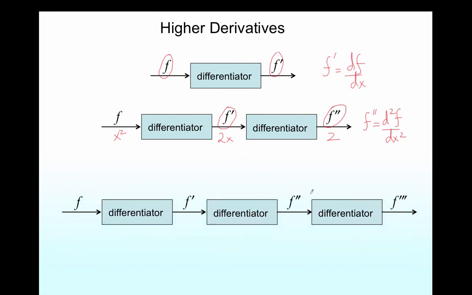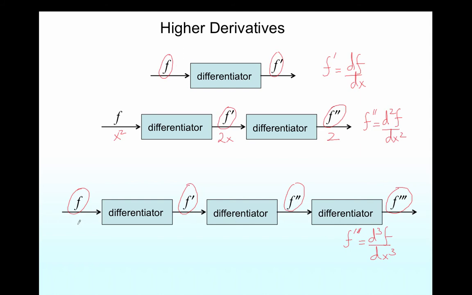Now I'm going to put a third differentiator. The function f produces the derivative f prime. F prime becomes f double prime after it goes through the differentiator. Putting f double prime as the input gives the third derivative, f triple prime, which is written as d3f by dx cubed.